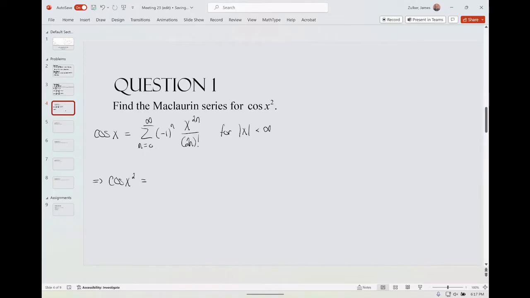Not the whole thing squared, just x squared. Just replace x with x squared.